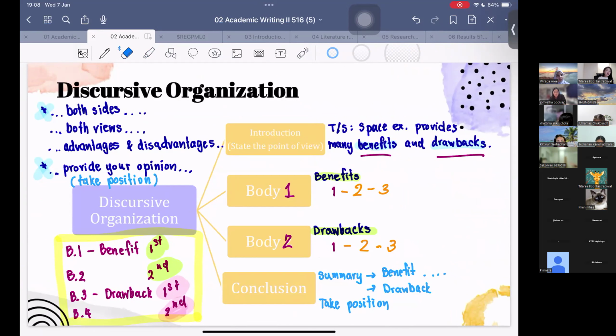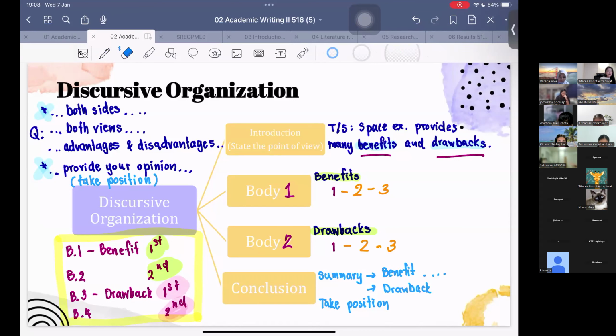A discursive essay, or discursive organization, is the type of essay where the question asks you to discuss both sides, both views. What are the advantages and disadvantages?